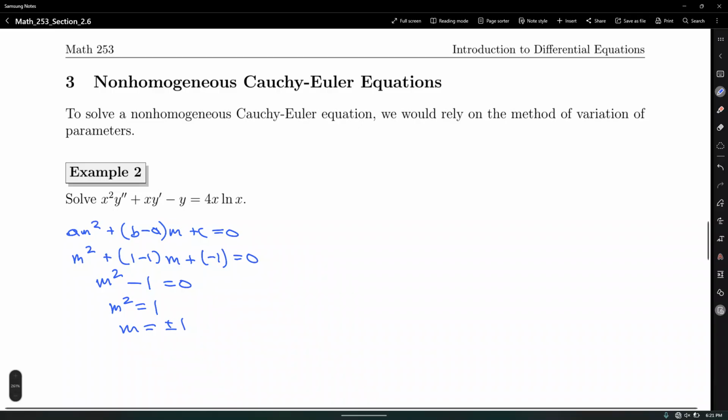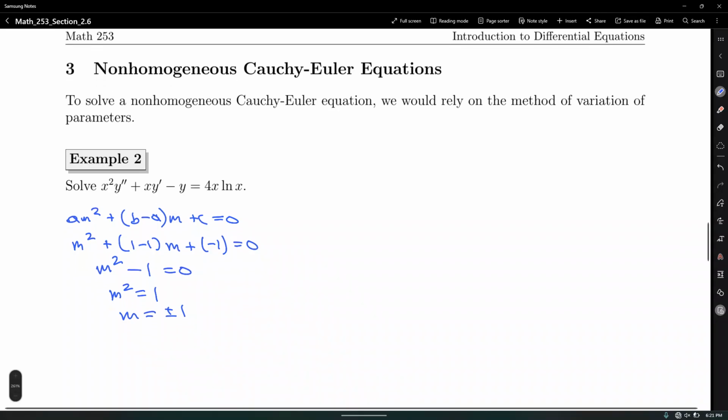The first thing we do is write our y equals c1 x to the first power plus c2 x to the negative 1 power, which is the same as saying c1 x plus c2 x to the negative 1.